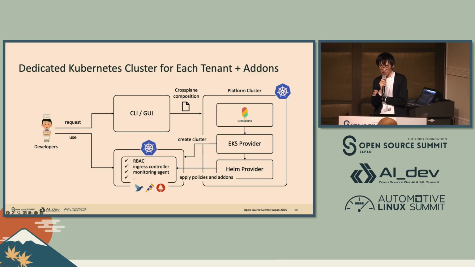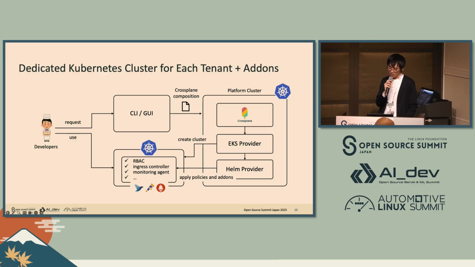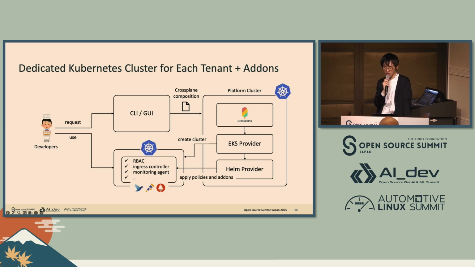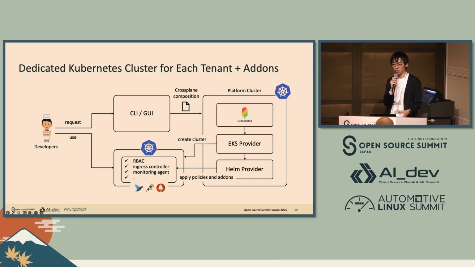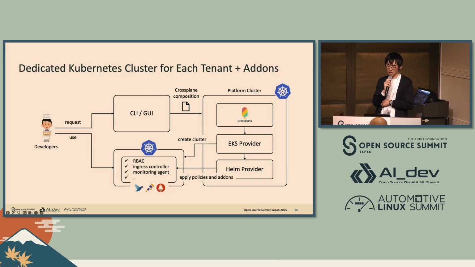And each cluster comes with add-ons needed to operate Kubernetes and deploy applications. These are pre-installed, so developers don't have to set them up themselves. With this approach, every developer team gets its own Kubernetes cluster. In other words, the platform creates a dedicated cluster for each tenant.